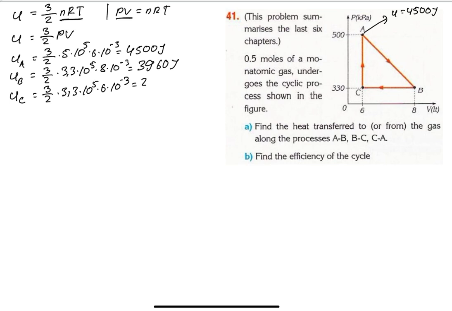Yes, it's equal to 2,970 joules of energy. So here at point B it is 3,960 joules, and here it is 2,970 joules of internal energy.